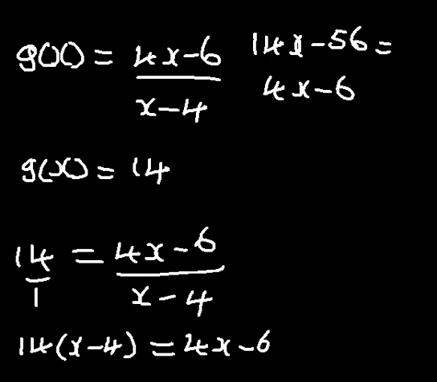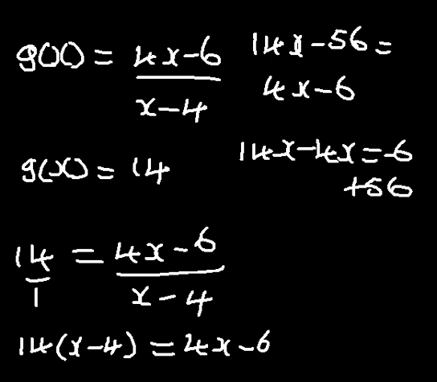Now, putting like terms together, I'll have 14x minus 4x, which is equal to, bringing negative 56 to the other side, negative 6 plus 56. So now we have 10x, which is equal to positive 50.